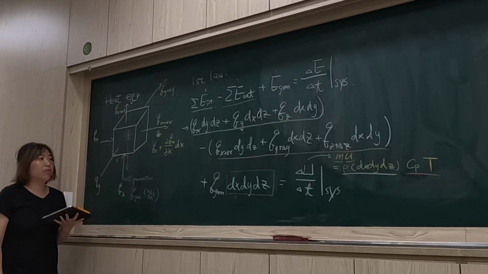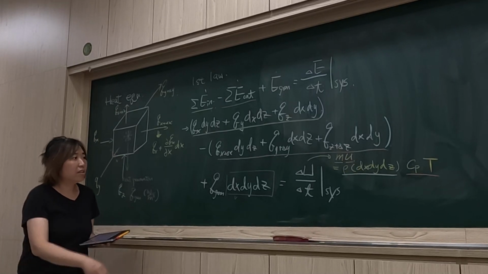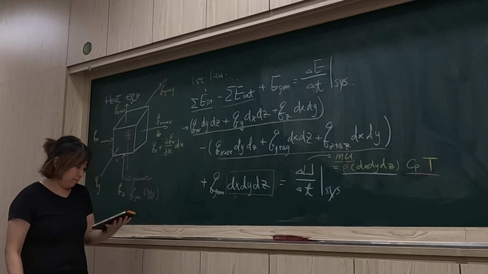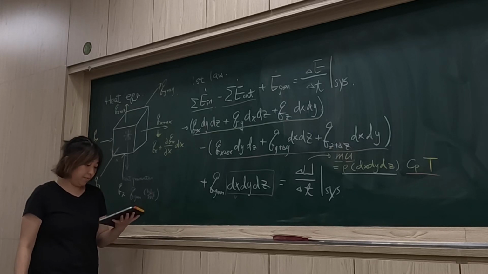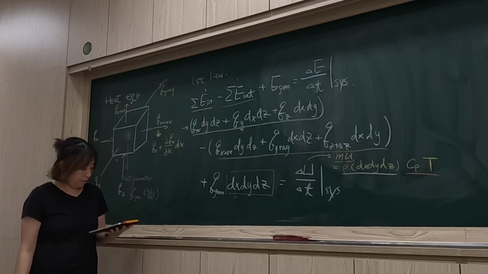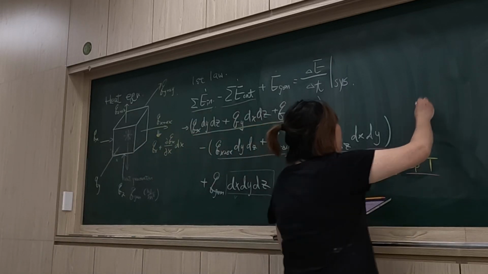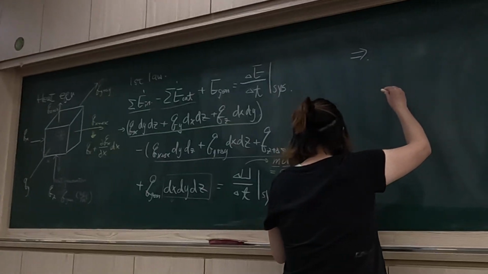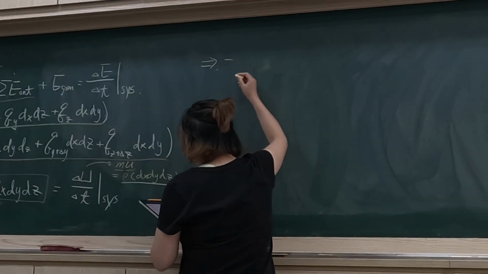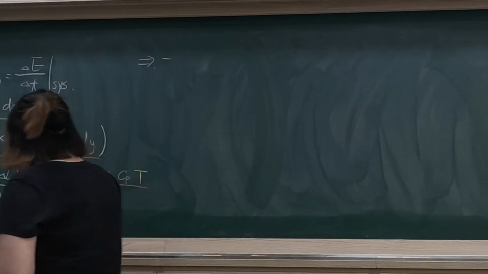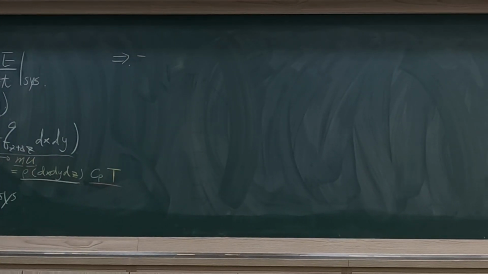Okay, so now every term has the dx, dy, dz. Then the equation could become slightly simplified. Take a look at this first.